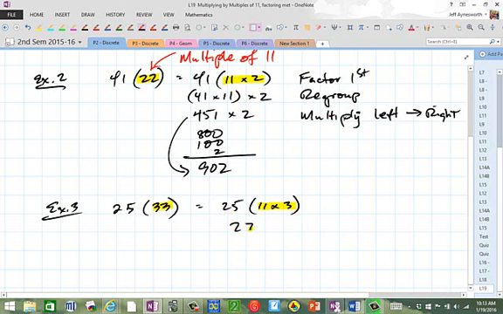That's 275. And then I triple it. 3 times 200 is 600. Plus 3 times 70 is 210, so that's 810, plus 15 more. I should get 825. So multiply from left to right.